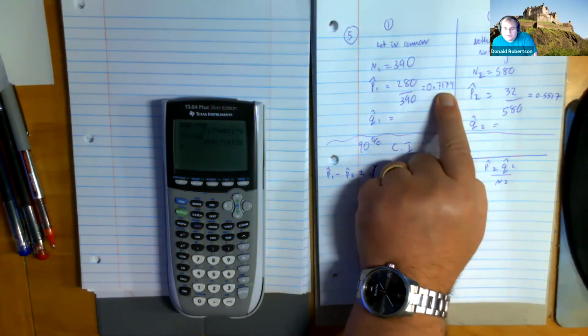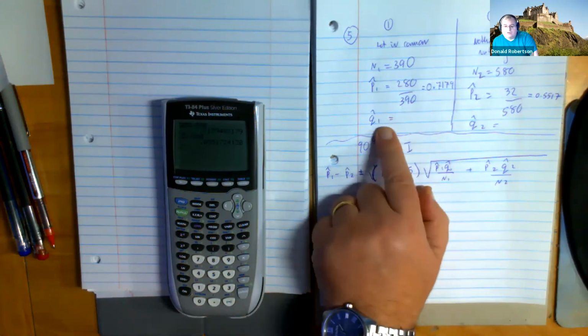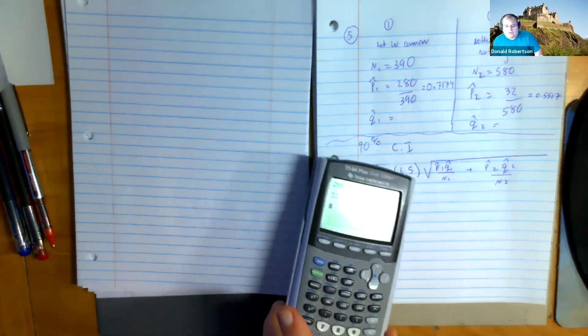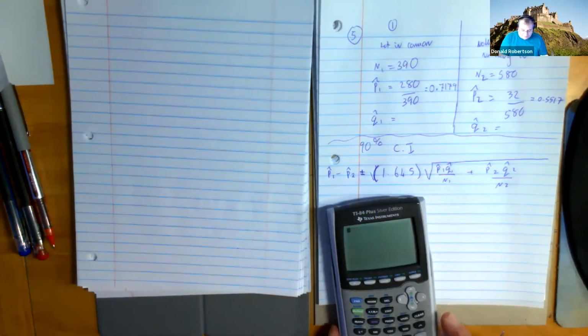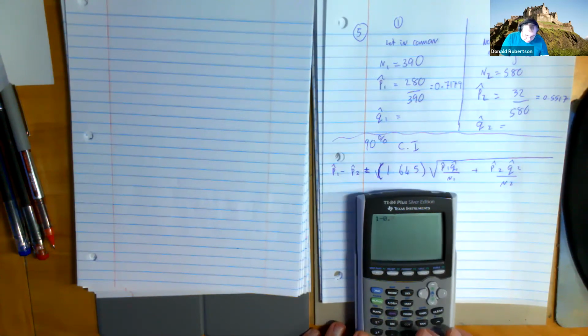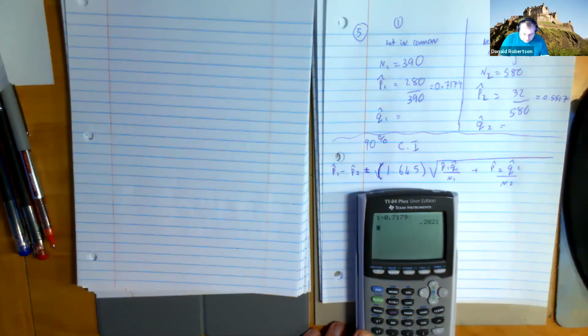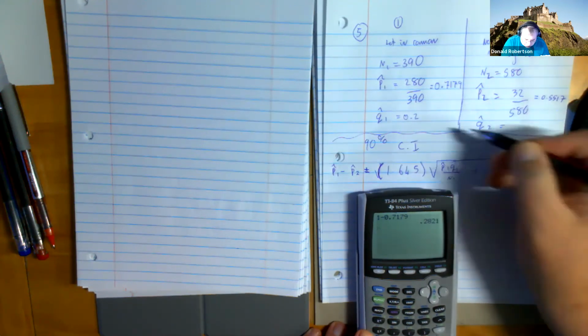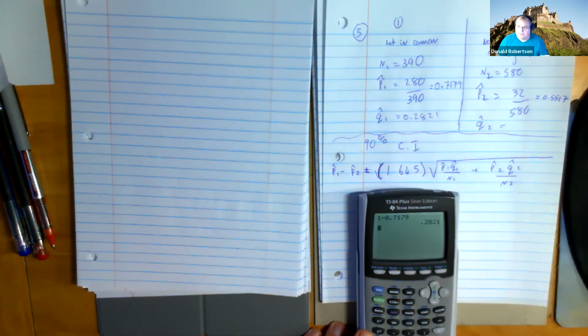If that's P1, won't you get Q1 by just subtracting that from 1? If it's really got a lot of decimals, you're probably safer doing it on the calculator. So 1 take away 0.7179, and the answer I got is 0.2821.